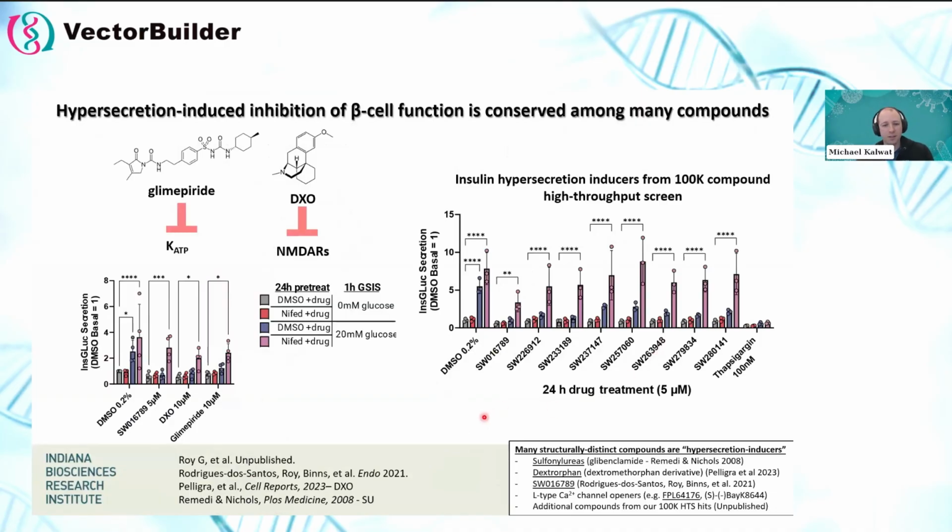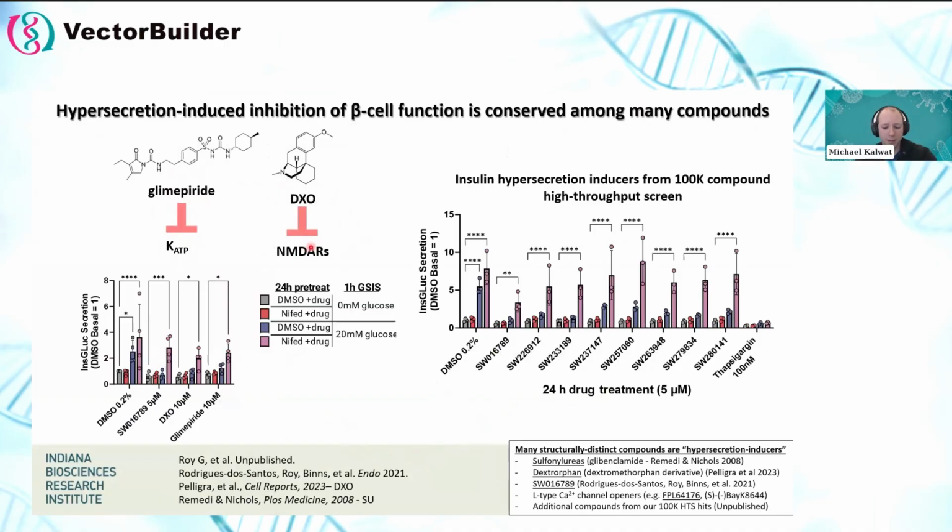And interestingly, this isn't the only compound that can cause this hypersecretion stress. So I don't think this is unique to the compounds we found. It's a conserved pathway in beta cells. There are other drugs, like the sulfonylureas I mentioned earlier, that inhibit that potassium channel and cause more insulin secretion. There are also derivatives like dextrorphan, a drug that's derived from the cough syrup Robitussin.